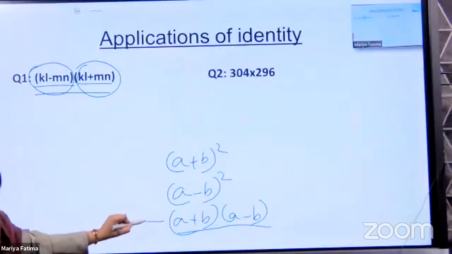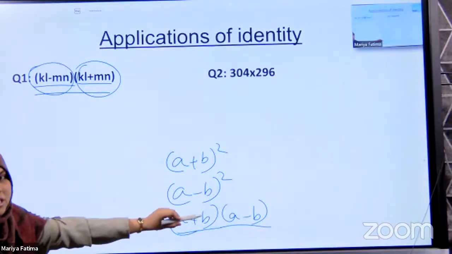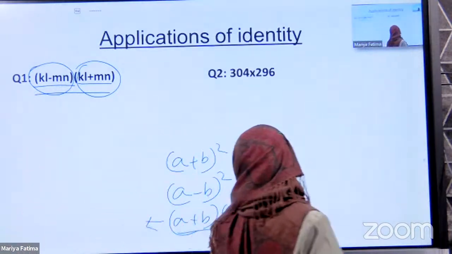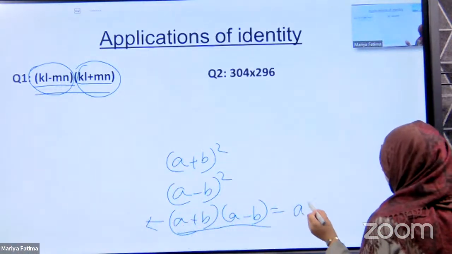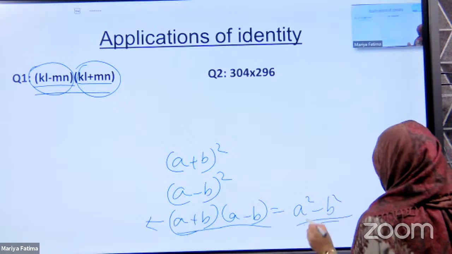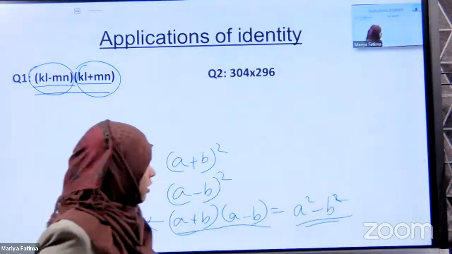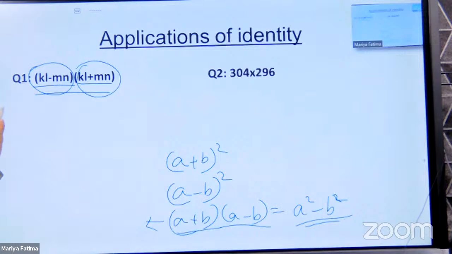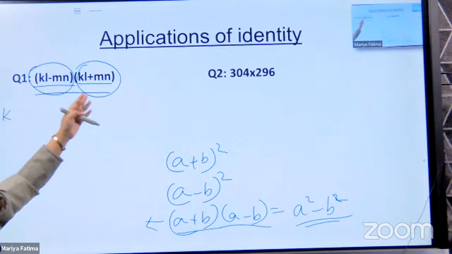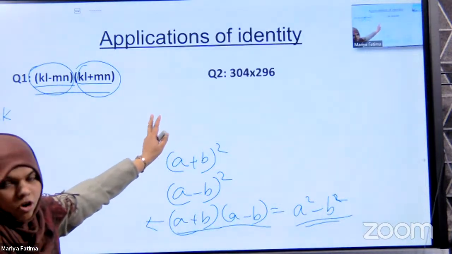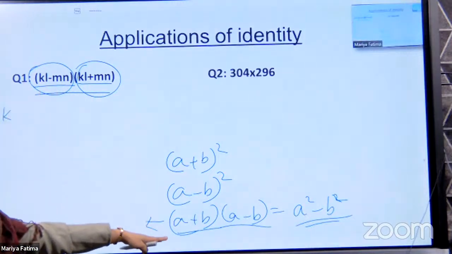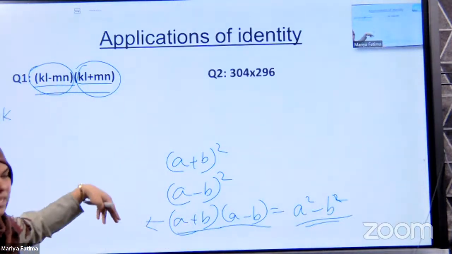This is in the third form. So we have to use this identity: A plus B into A minus B will become A square minus B square. So to solve this, instead of multiplying each term with the binomial of all terms, we can use this identity directly to solve this question.